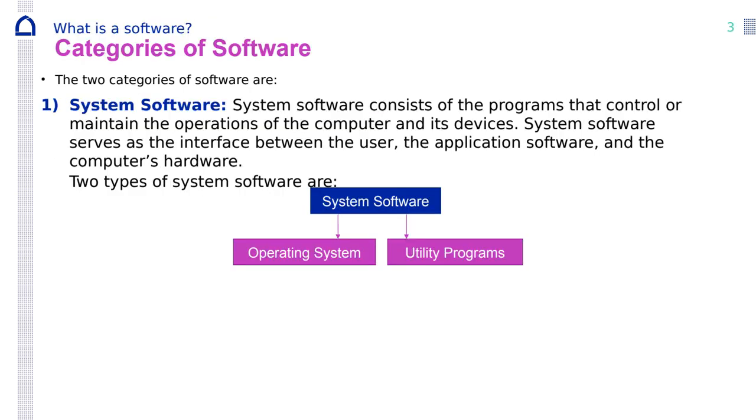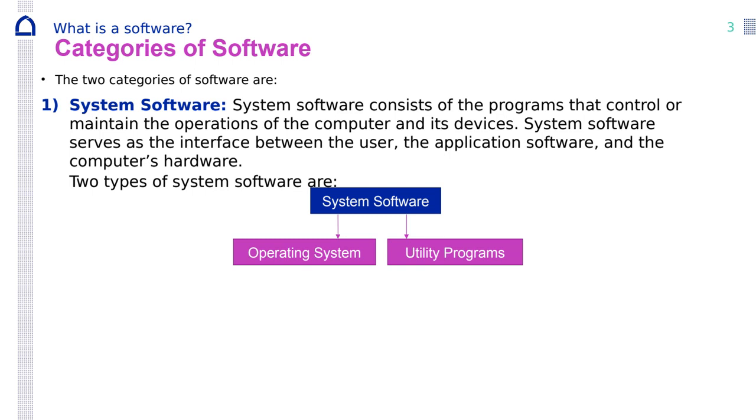There are different categories of software. The first one is system software. We have two types of system software: operating system and utility programs. What is system software?